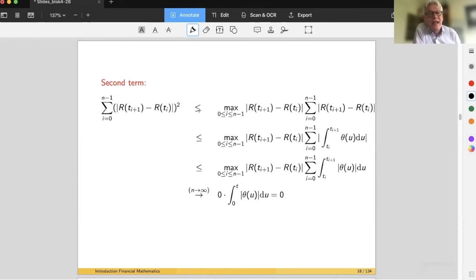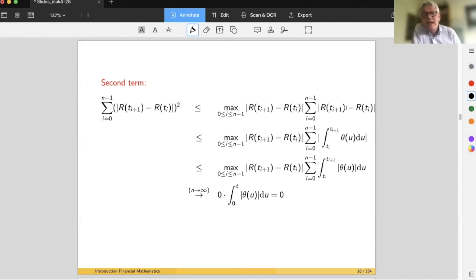So then we have a less or equal: we take one out, and the maximum for i between 0 and n minus 1, in absolute value, R at t_{i+1} minus R_{t_i}. And then we have this sum remaining, the sum of one of these terms, the sum, i runs from 0 to n minus 1, of these increments of R.